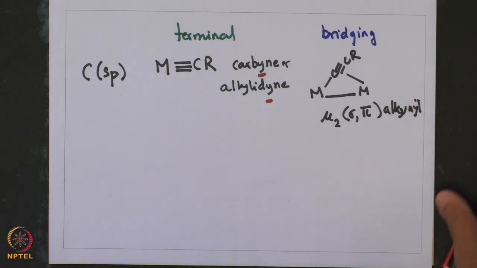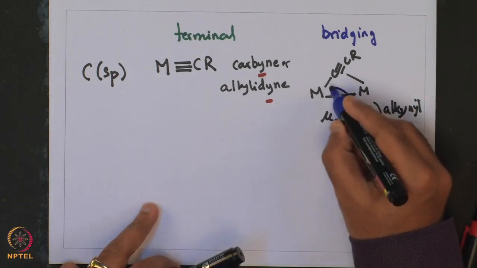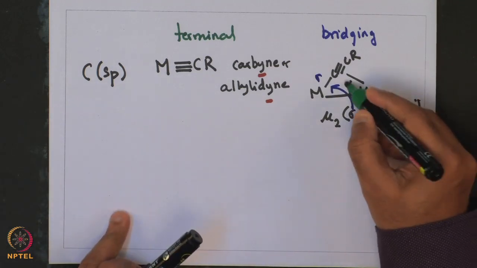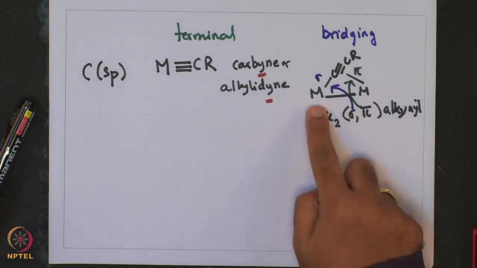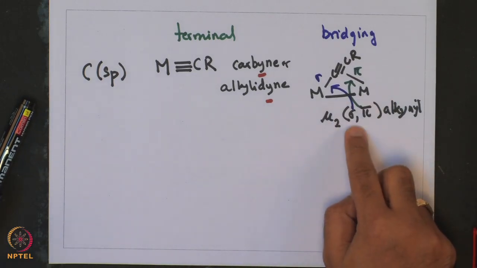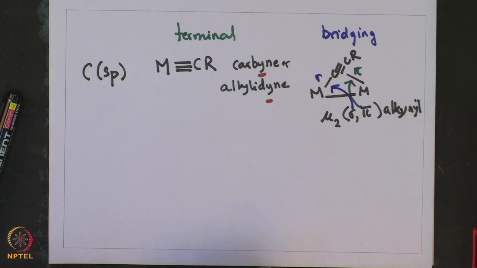So, this sigma designates this bond, and this pi designates this bond. So, the alkyne moiety bridges between two metal centers by two kinds of interaction. This is very unique and kind of very special. One type is a sigma type, another type is a pi type.